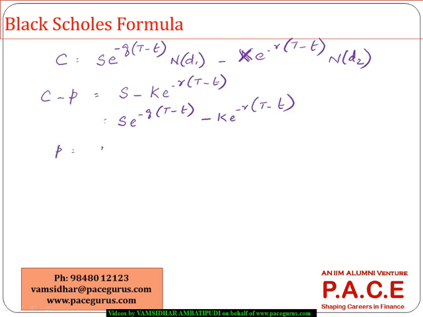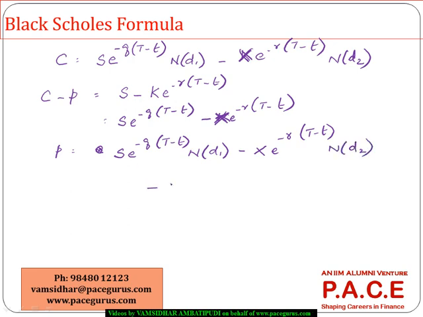So P should be the price of a call. What is the price of a call? C is S e power minus q(T minus t) N(d1) minus X, okay, probably for strike price I can use X or K, X e power minus r(T minus t) N(d2). And then minus S, because for P I want C minus S plus X e power minus r(T minus t).